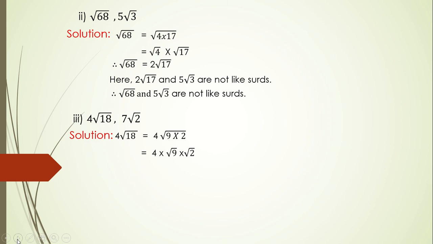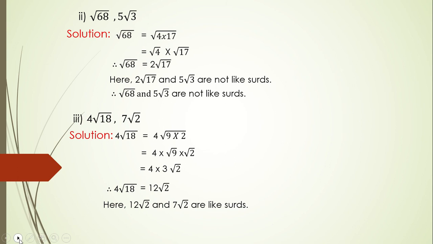So that's 4 into 3 root 2, that's 12 root 2, since 4 threes are 12. So we get 7 root 2 and 12 root 2. Definitely they are like surds. The surd part is exactly the same and hence they are like surds.